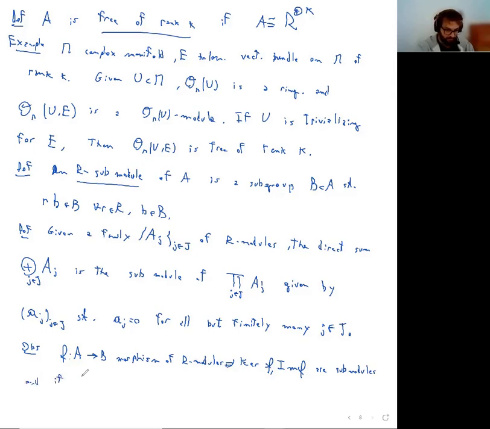And if B is a submodule of A, then also A mod B, so this is the group quotient, is also a module. Okay.